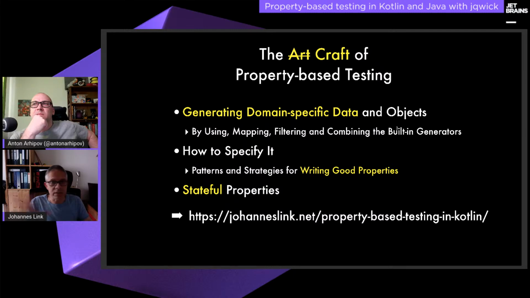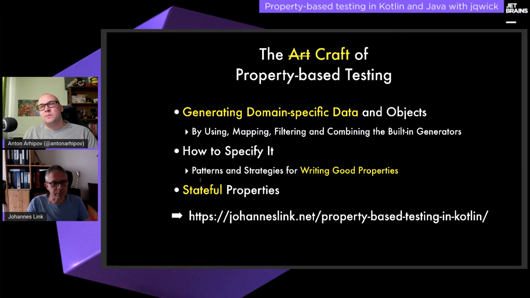But that's just one side of the medal. The other side is the properties, because just generating data is important, but it's not trivial to come up with good properties, generic expressions that you can make. This is also something you have to learn.